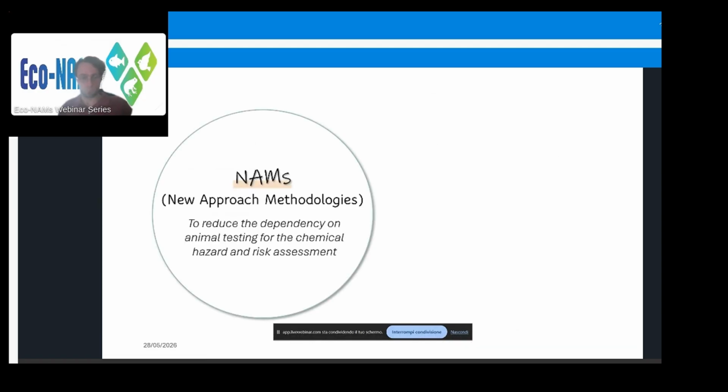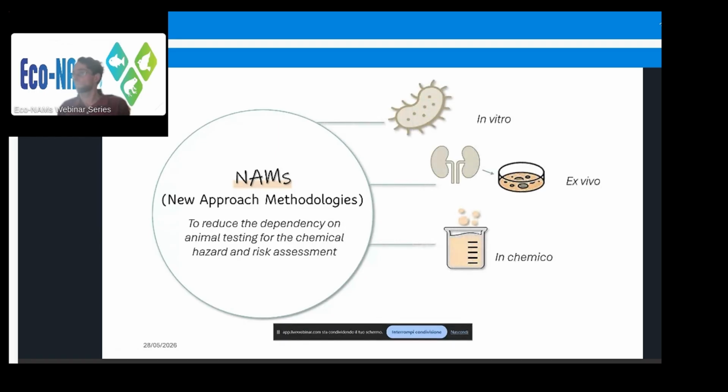These tools are part of NAMs. NAMs are new approach methodologies that allow the estimation, the assessment of risk and hazardousness of chemicals, reducing the use of animal testing. There are several NAMs methodologies, in vitro, ex vivo, in chemico, and the ones we are talking about today, the in silico methods.